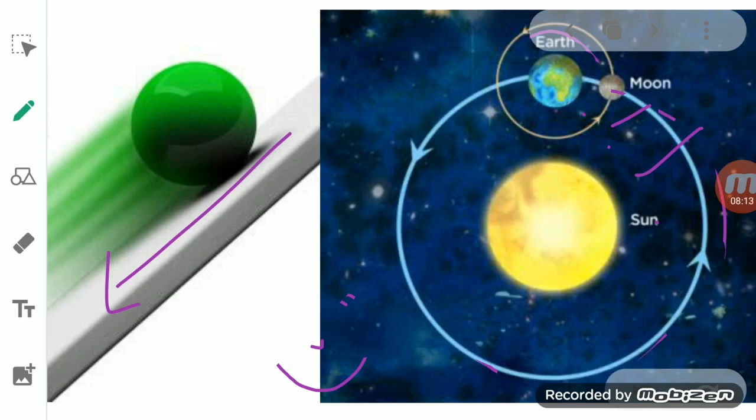I think these different examples help you understand how an object can simultaneously show more than one type of motion. So more than one type of motion can be seen in an object.